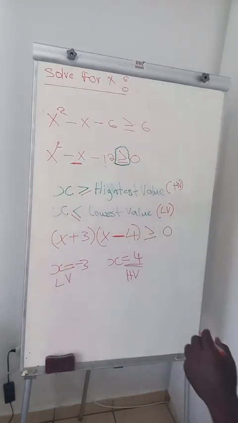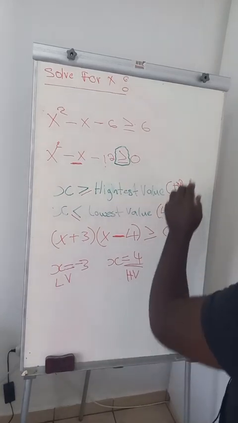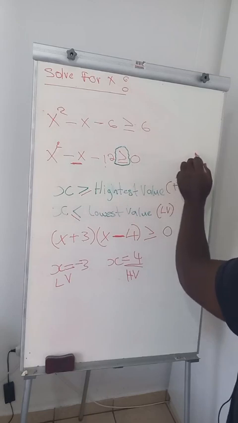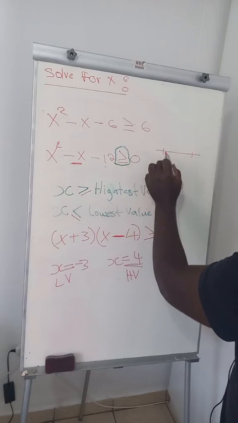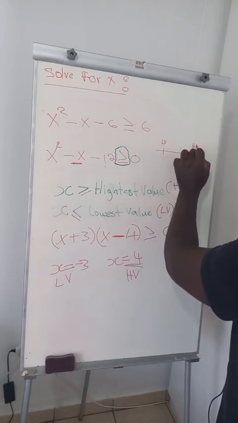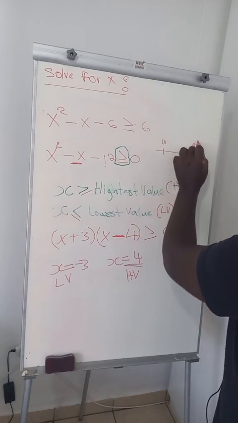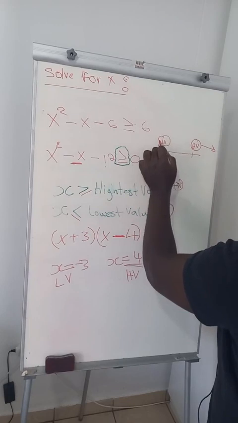I also forgot, when you draw the number line, you'll draw it this way. You'll have this and this. This will be your lowest value and this will be your high value, so it will be something like this, which goes this way and also goes that way.